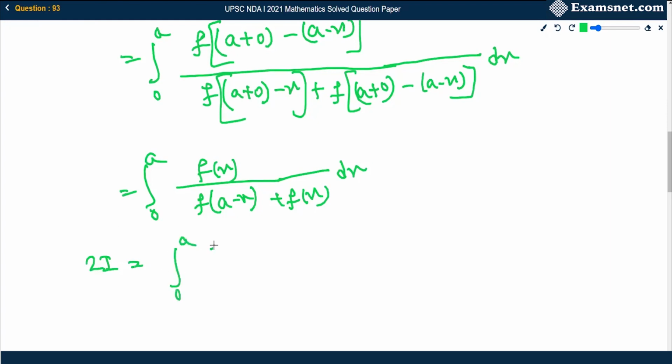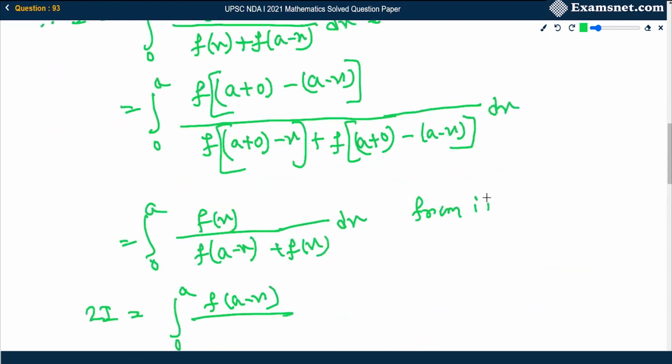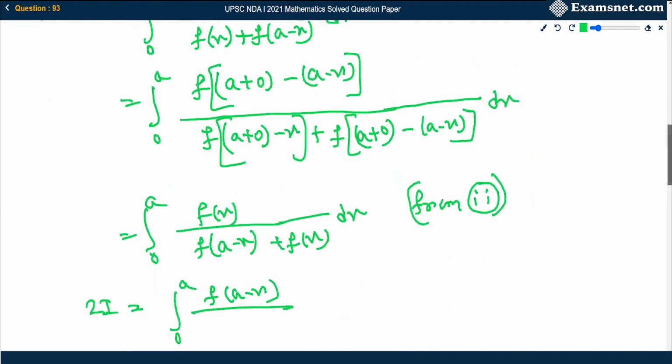Okay, so here we again got back I, so it becomes 2I equals the integral from 0 to a of f(a-x), in a bracket I can write, so that you can also find the link.